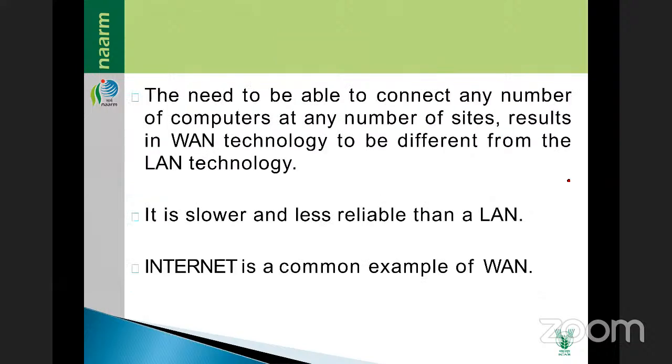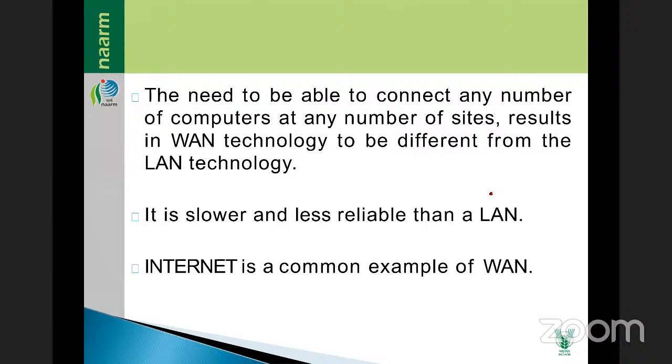They need to be able to connect any number of computers at any number of sites. The result is that WAN technology is different from LAN technology. It is slower and less reliable than the LAN, because a WAN connection goes from one organization to another.